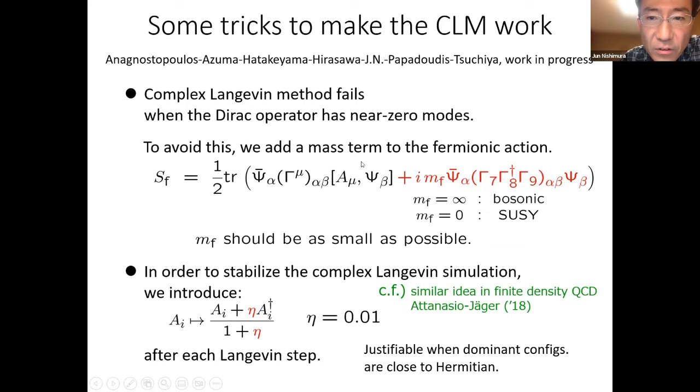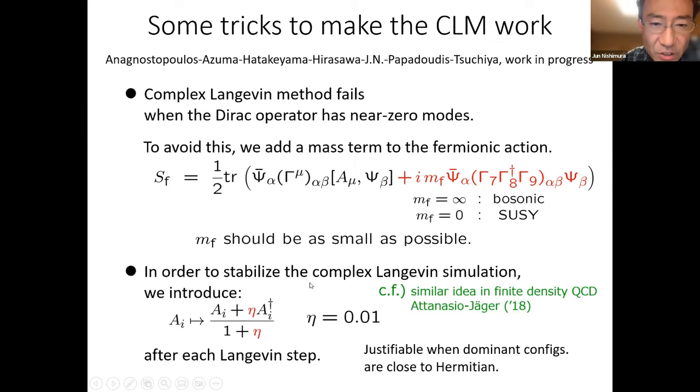So in order to avoid that, we have to add some fermionic mass term to the action, which I already explained in the Euclidean case. But the point here is that if MF is infinity, then basically the fermionic matrices decouple, so you end up with just a bosonic matrix model. But MF equals 0 corresponds to the supersymmetric model that we would like to study eventually.